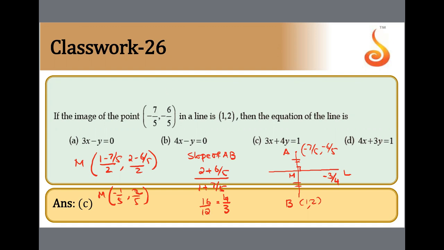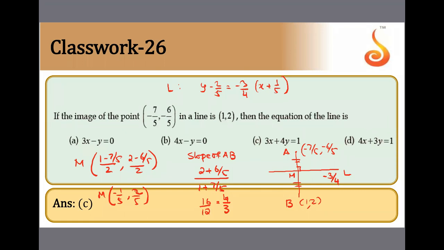So L's equation will be y minus 2 by 5 equal to minus 3 by 4 into (x plus 1 by 5). Further you simplify and check which option is coming, because the x value is minus 1 by 5. See, 5 minus 7 is minus 2, and minus 2 means minus 1 by 5.